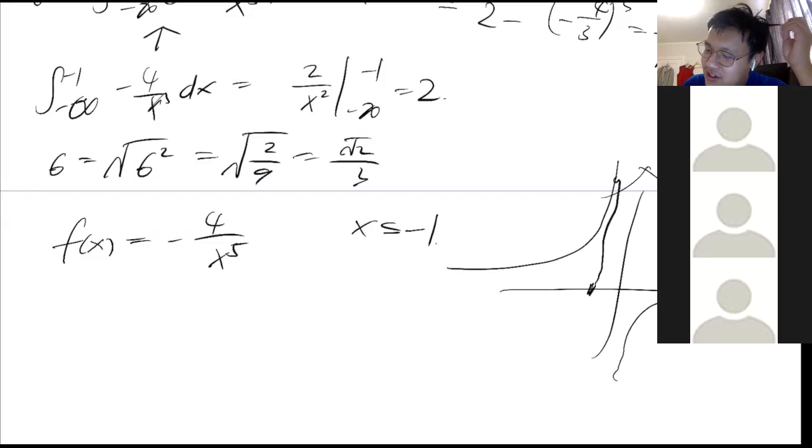Another way is to do the derivative. If you do the derivative, you will find that this is actually a monotone function, and then you will find the result.